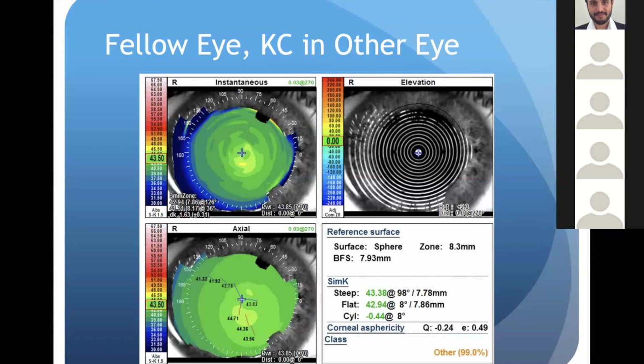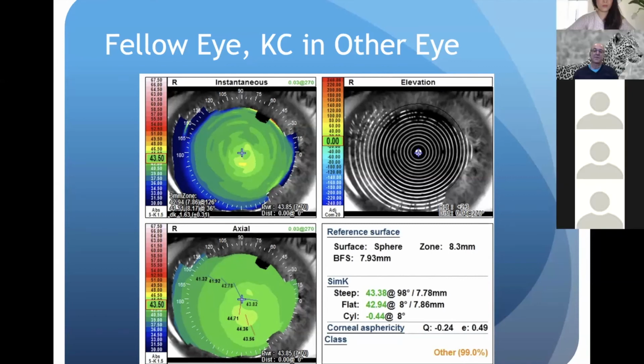I can't imagine that there are actually people on the other side of the fence that believe that eye rubbing is not a factor, but we know in atopic patients and vernal patients, patients with tics that rub their eyes, like I described to you, they develop keratoconus.